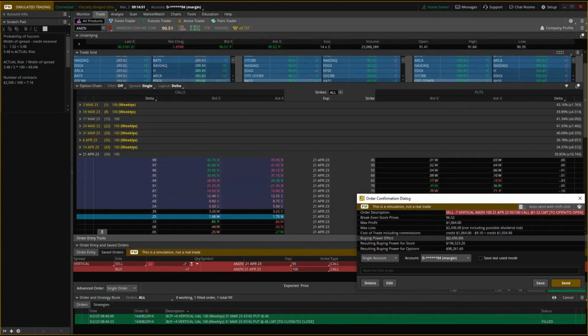We're not quite at $2,500, but it's close. If you wanted to put a little bit more at risk, obviously you would just add more contracts. But that's how much capital we're going to put at risk, and again our break even, max profit and max loss here. So hopefully this trade will work out. We have close to a 70% chance of success. And we'll just have to wait and see what happens with this trade.